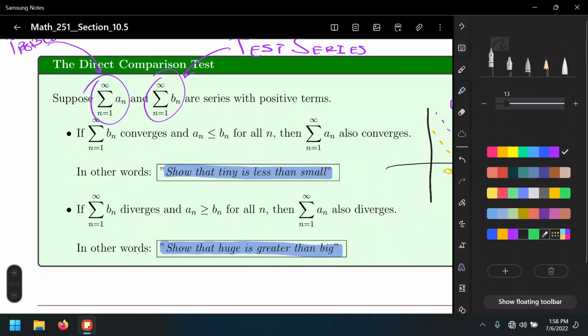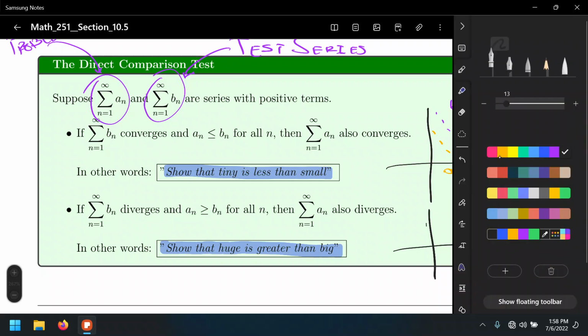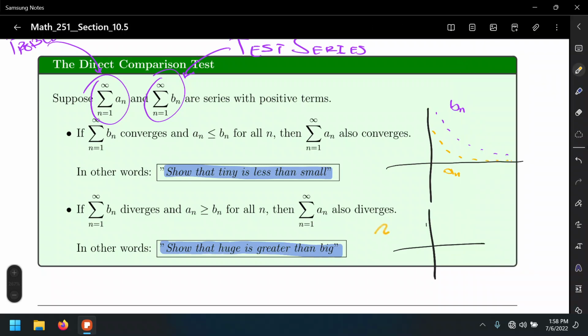In this case, for a sub n, we need to make sure that a sub n, our problem, is a bigger infinity than the infinity we're comparing it with. That's what we're trying to show.